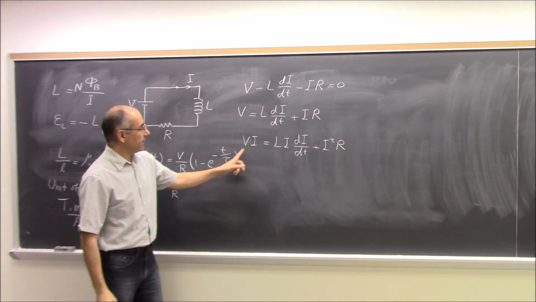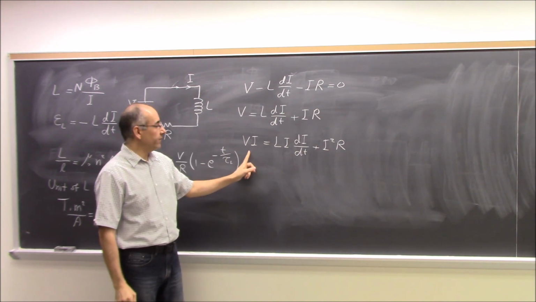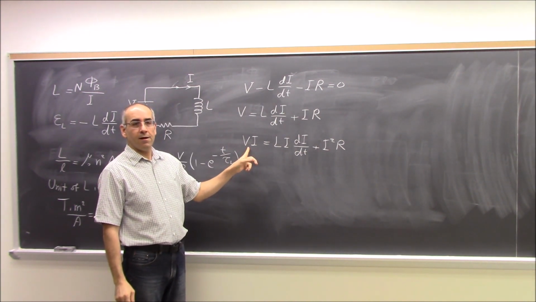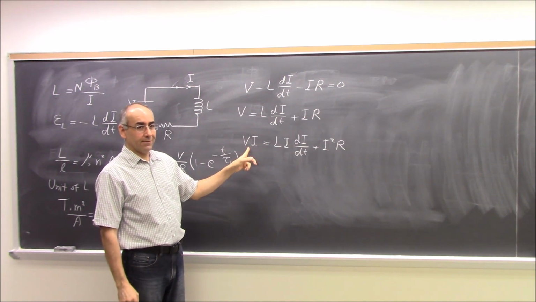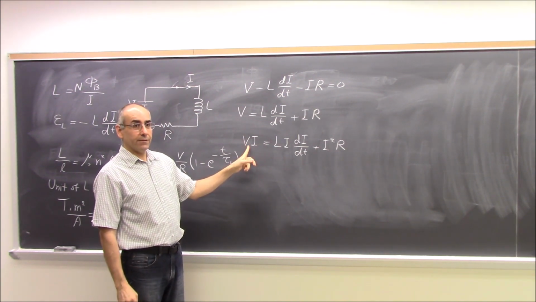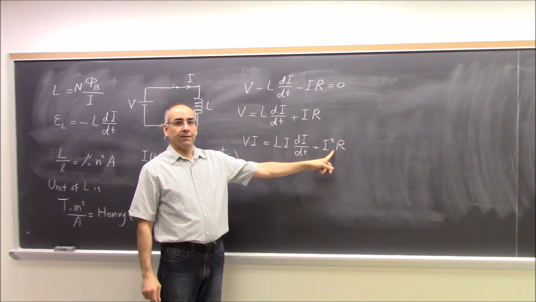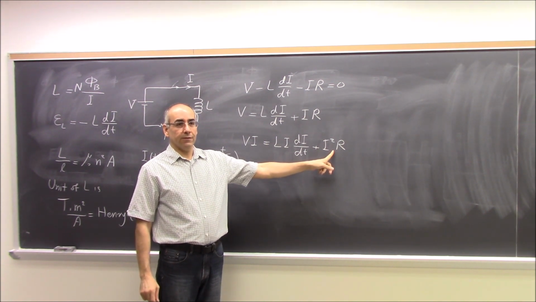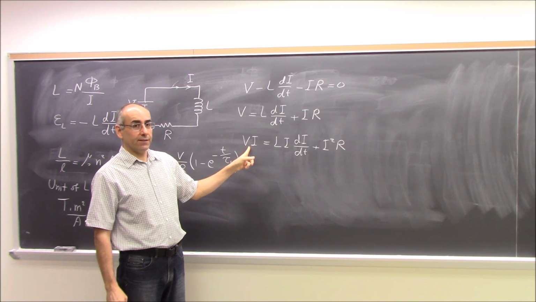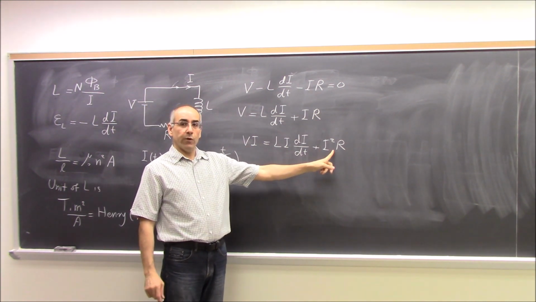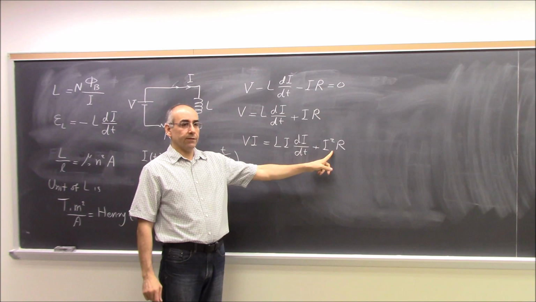Do you recognize any of these terms? What is VI? Power, yes. That is power for the battery. What is this? Power in the resistor. So this is power put into the circuit by the battery, right? This is power taken away, power dissipated in the resistor.